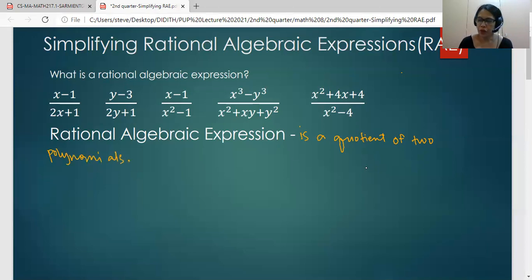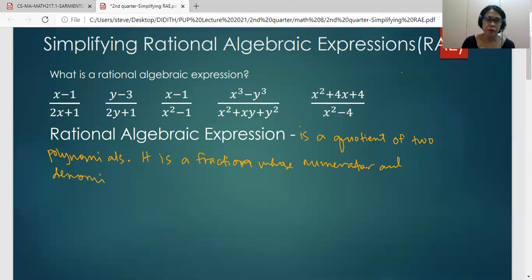In other words, we can say that it is a fraction whose numerator and denominator are polynomials.